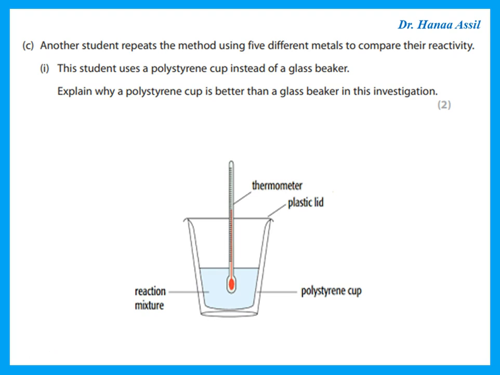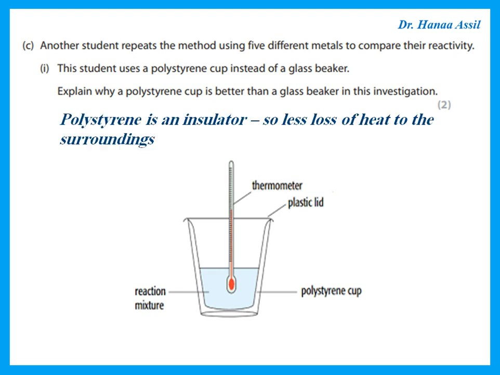Explain why a polystyrene cup is better. Remember that we should do it in a polystyrene cup because polystyrene is an insulator, so there will be less loss of heat to the surroundings. And that means the temperature that we measure will be accurate.